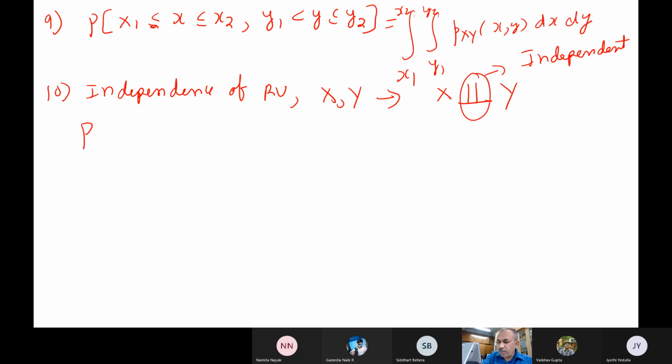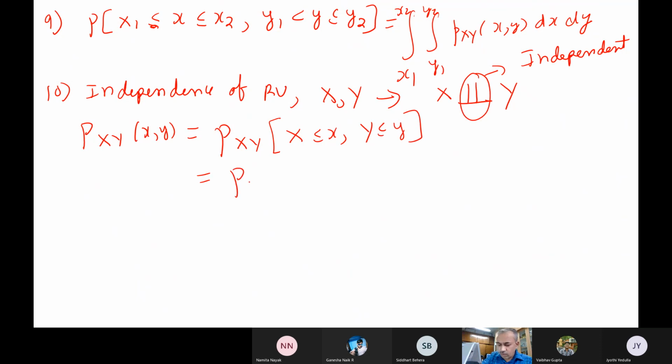Now when things are independent, the joint distribution function, the capital P_XY(x, y), which is P(X ≤ x, Y ≤ y), can be split into two pieces: P(X ≤ x) multiplied by P(Y ≤ y).